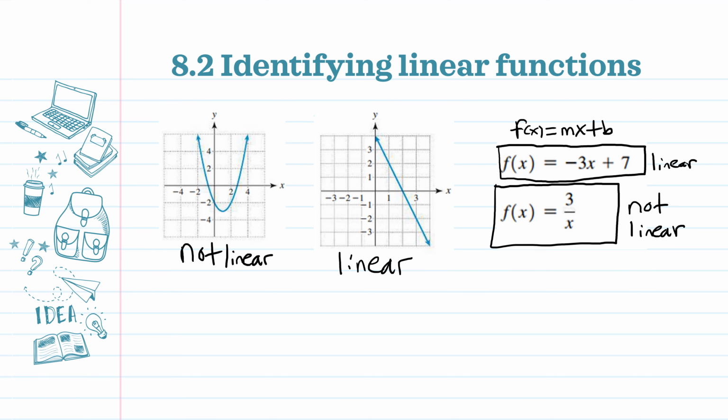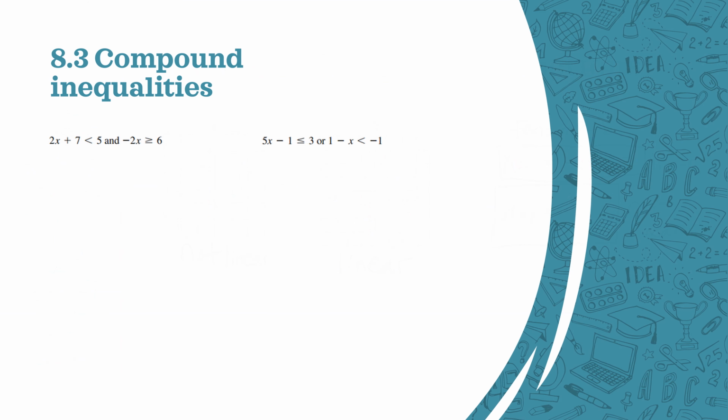So now, if we go to compound inequalities, where I have this, 2x plus 7 less than 5 and negative 2x greater than or equal to 6.